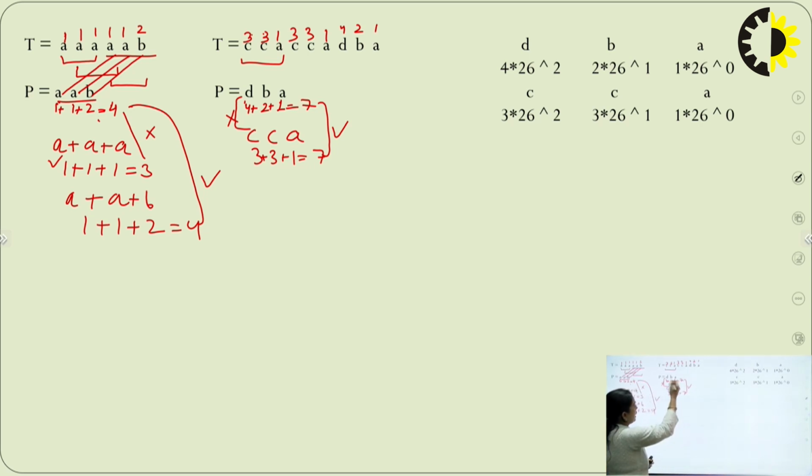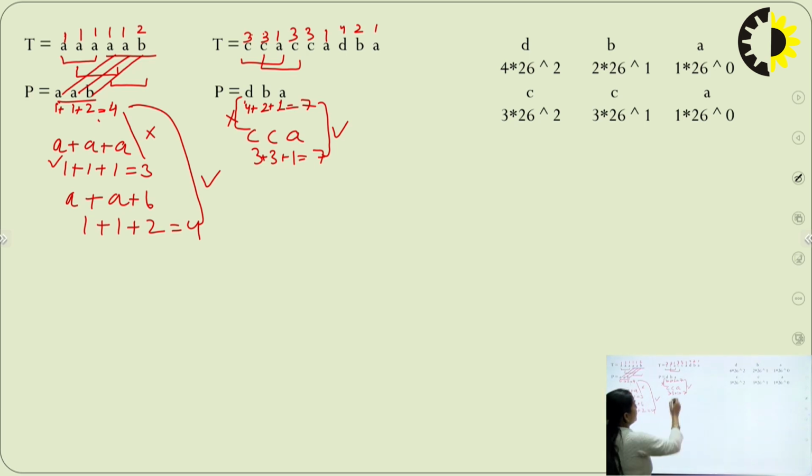If we calculate the next three, CAC, with place values 3 plus 1 plus 3, again 7, which equals the hash value of the pattern. But if we match character by character, we get another spurious hit. In the next step, ACC, the hash value of the text is again 7, but when we check character by character, again we get a spurious hit.